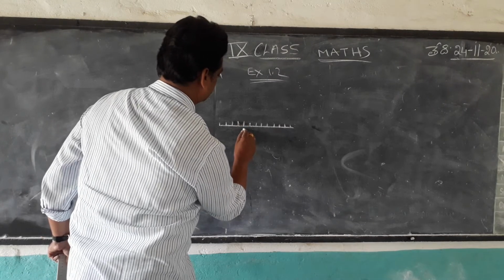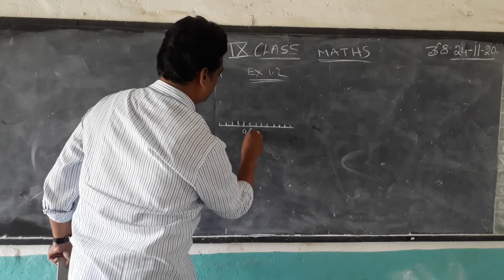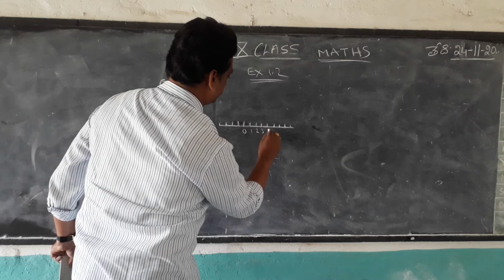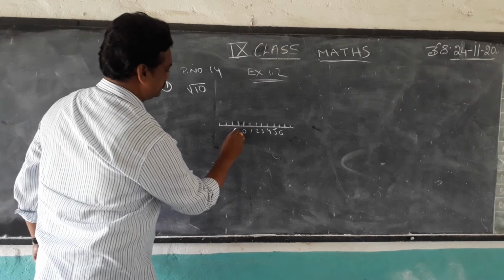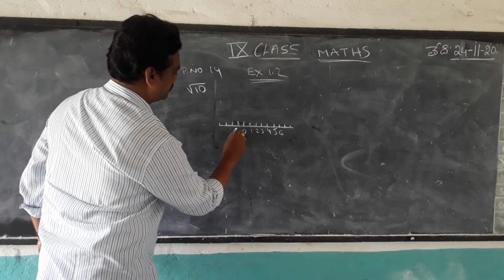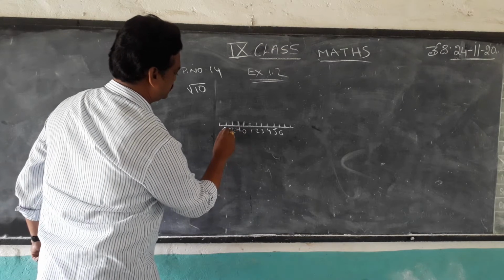Okay, this is 0, 1, 2, 3, 4, 5, 6. Left side minus 1, minus 2, minus 3.